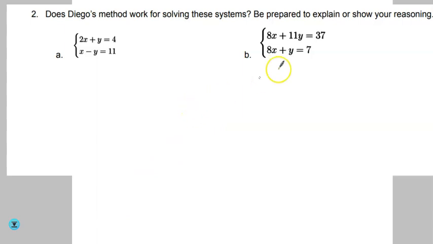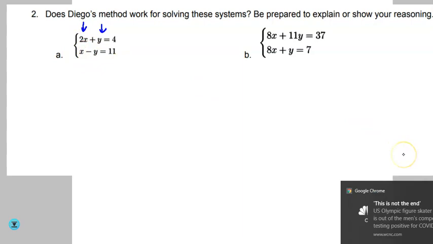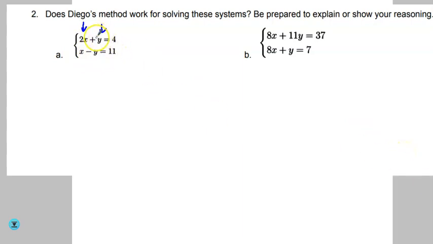All right, hopefully you paused and tried those. Let's check your work. When you're looking to see, can I use elimination on these? First, do you have a pair, either both x's or both y's, with the same coefficient? Like 2x and x, I can't add or subtract, but positive y and negative y, I can. And if their signs are different, I'm going to want to add these two equations together.